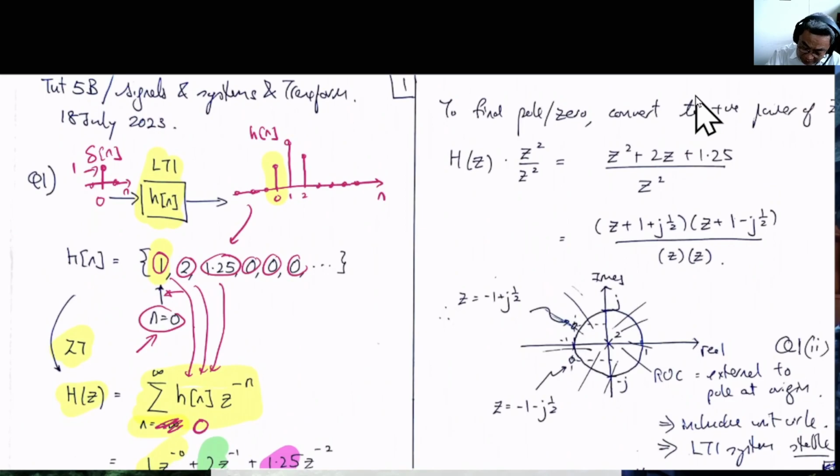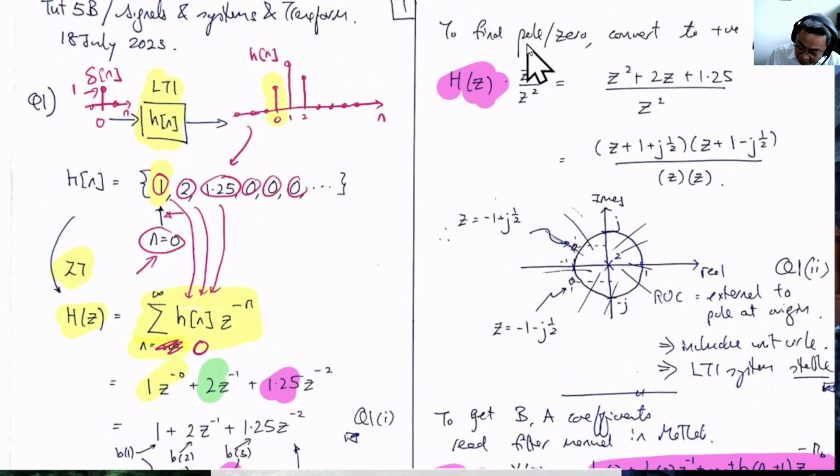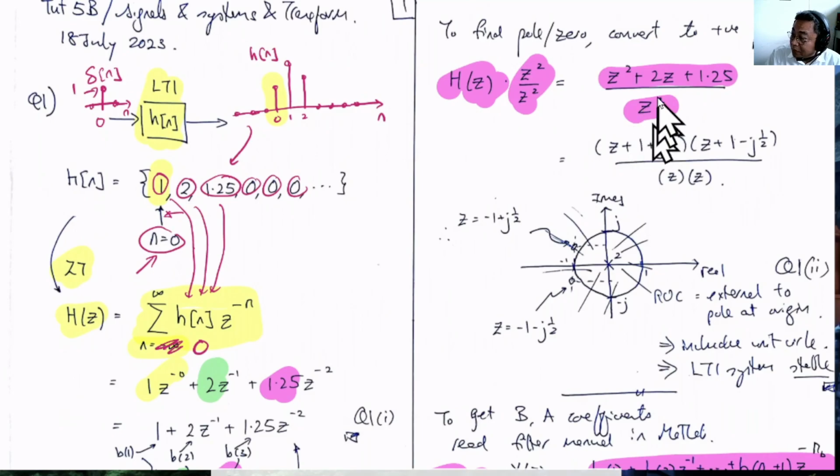We take H(z), and currently it is in negative powers of z, which is not in an appropriate form. So we multiply the top and bottom by z squared to convert these negative powers of z into positive powers of z. We have the original sequence on top, and below we have z squared.